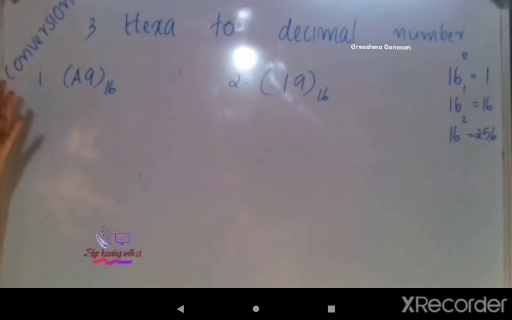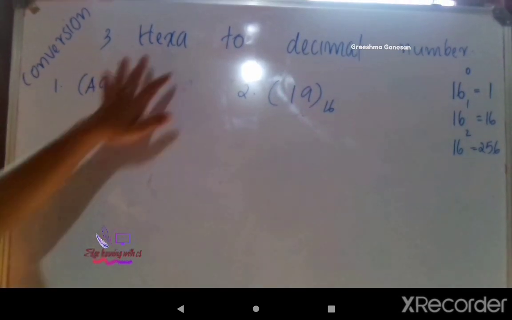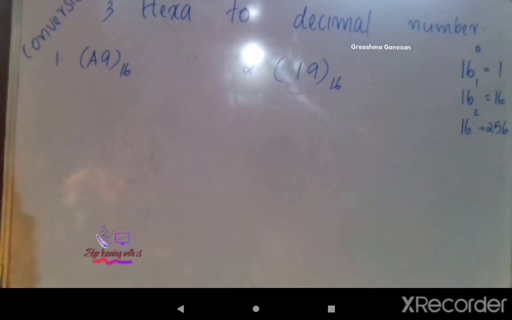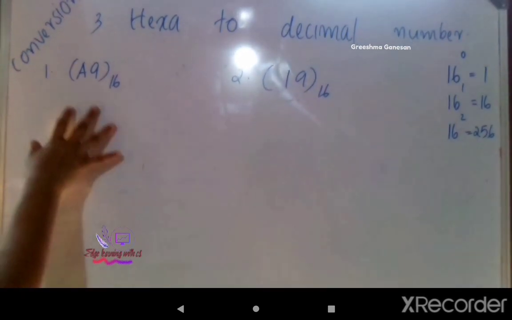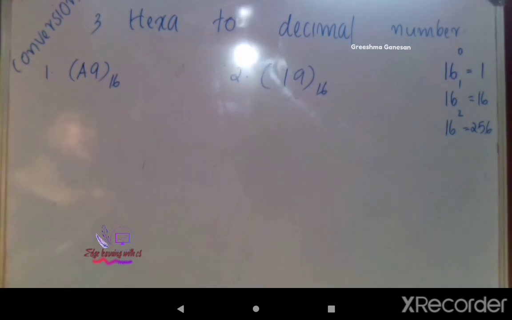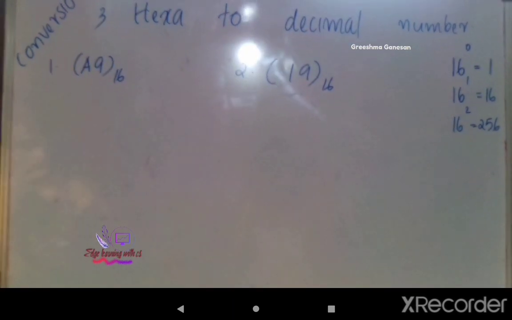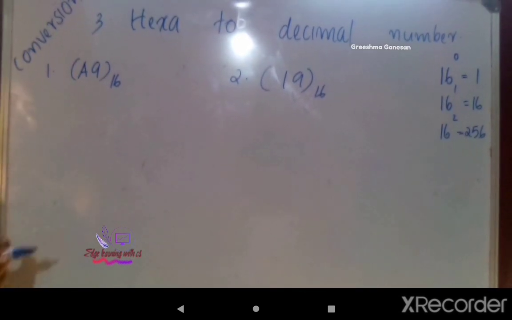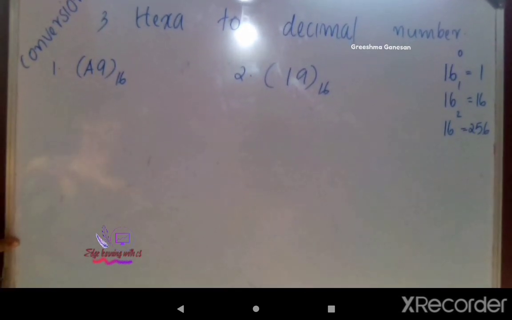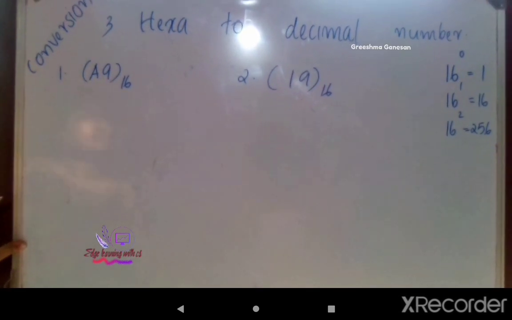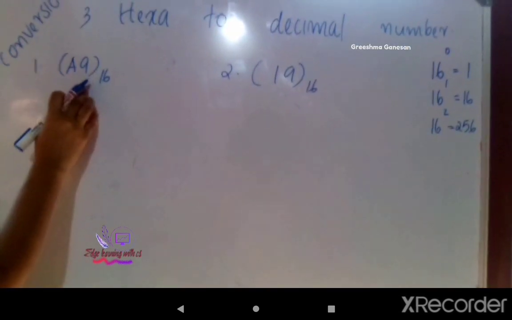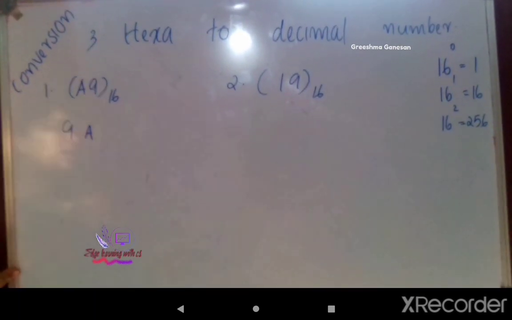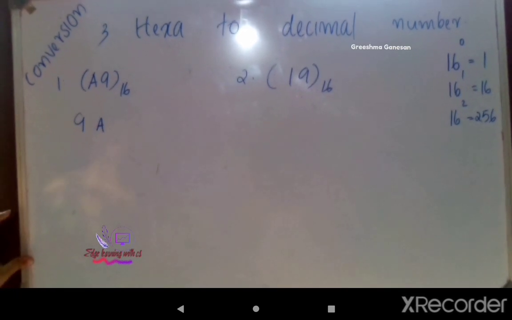Then the third kind of conversion is hexa to decimal number. We have got a question here: A9 to the base 16. The first step is to rewrite the number in reverse order. This is A9, so you write it as 9A.